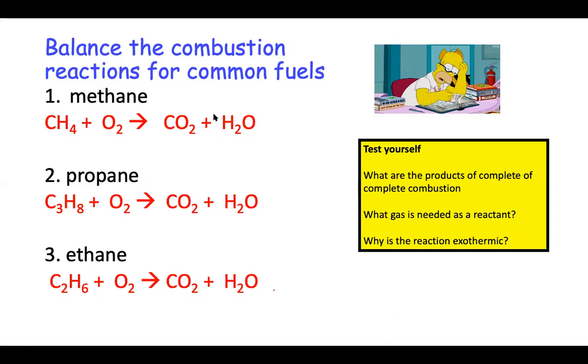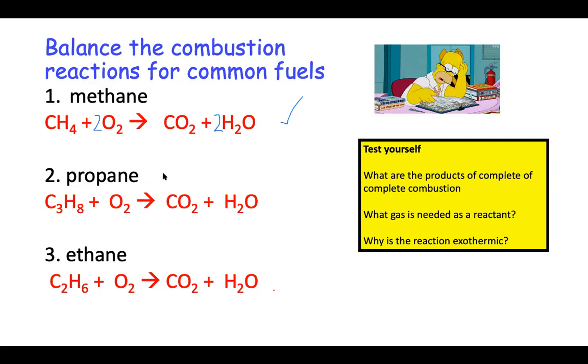So the first thing I will do is put a 2 to make that equal. Now I've got 2 and 4 oxygens. So I need to put a 2 out the front to get 4 oxygen. Now I've got 1 carbon, 4 hydrogens, 4 hydrogens, 4 oxygens, and then 2 plus 2 is also 4 oxygens, so that is correct.